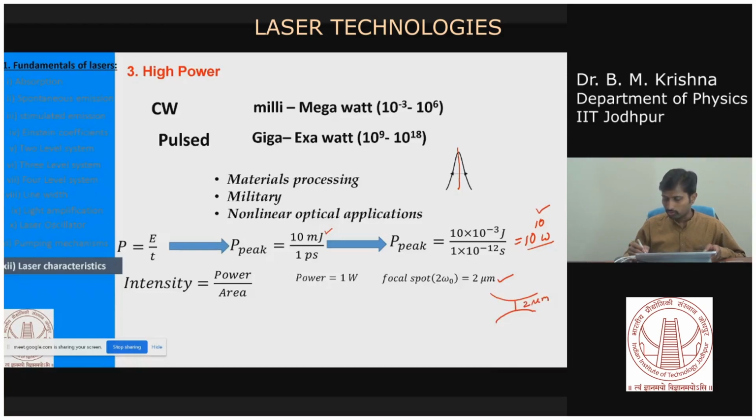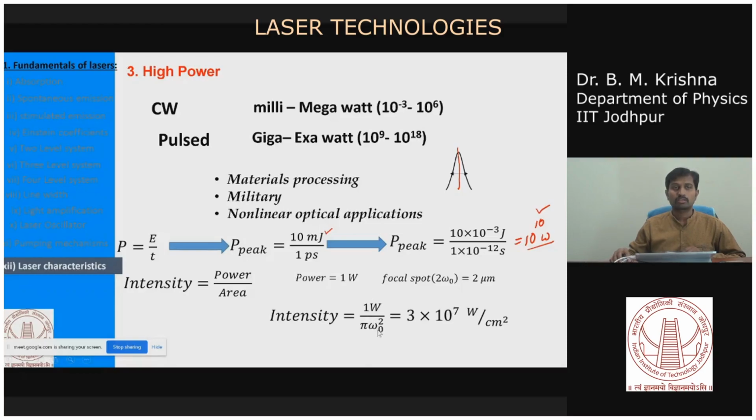Your focal spot in general is represented by 2 omega naught. So you can calculate the intensity: 1 watt divided by pi omega naught square, which is your area. That gives you 3 into 10 power 7 watts per centimeter square. That is a huge intensity from laser systems. So this is where one can calculate the power as well as intensities.